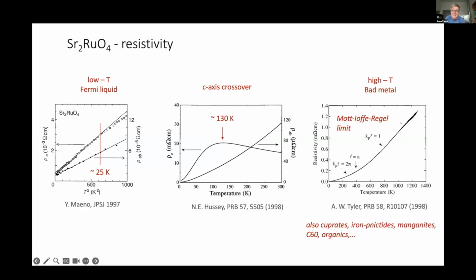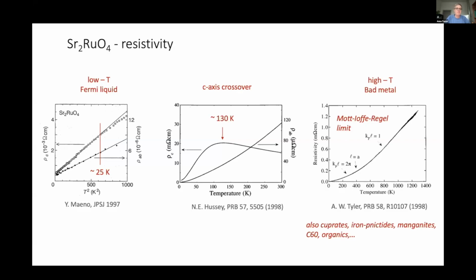The resistivity increases, and the mean free path becomes much smaller than the size of your Brillouin zone. This situation is described as a bad metal. It's a state where you should not expect to have quasi-particles, because indeed the coherence length of this quasi-particle is much smaller than the size of your Brillouin zone.